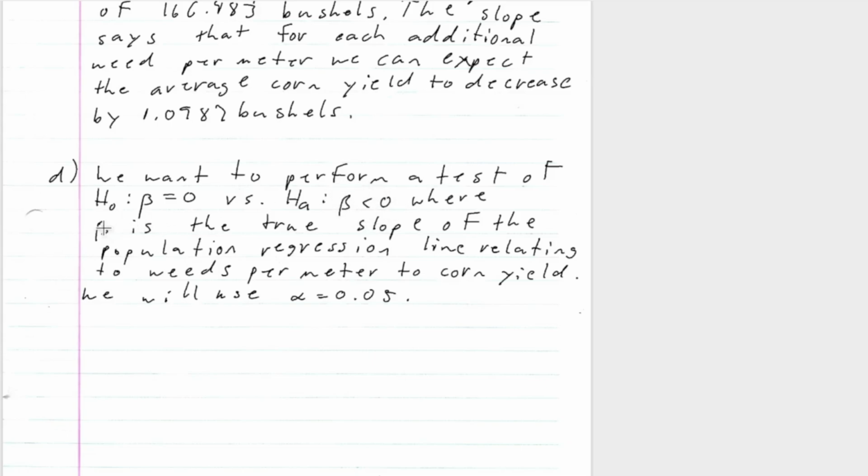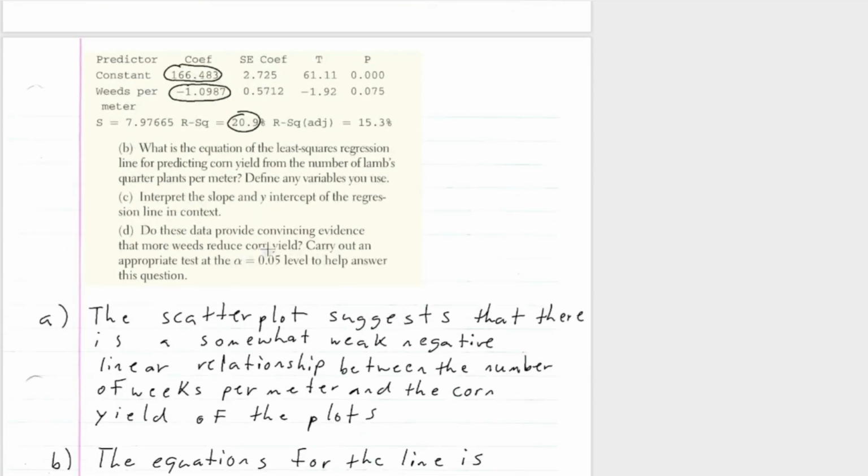Beta is the true slope of the population regression line relating weeds per meter to corn yield, and we will use alpha equals 0.05 because I believe that's what it says to do here.